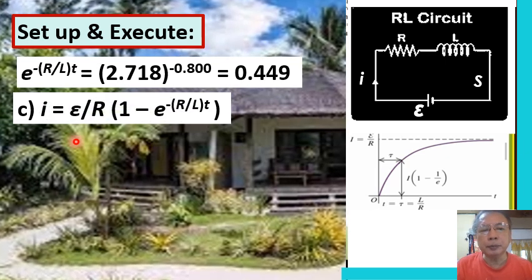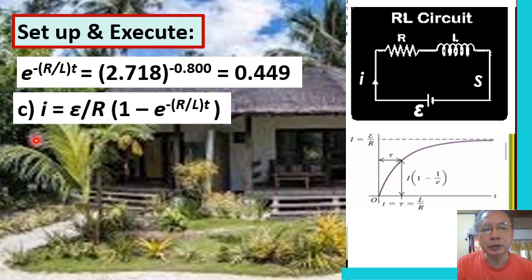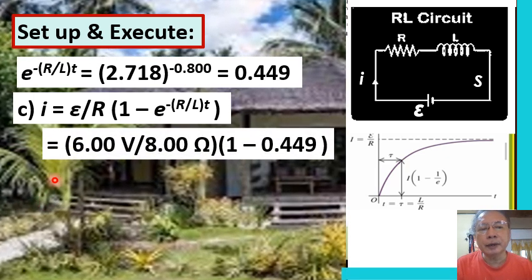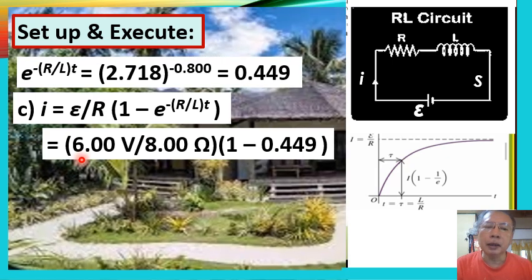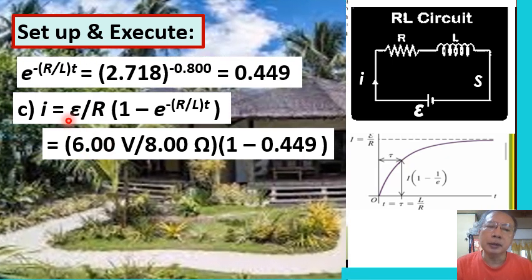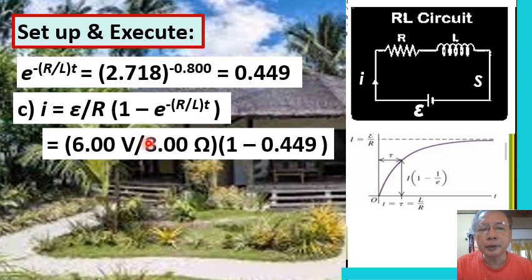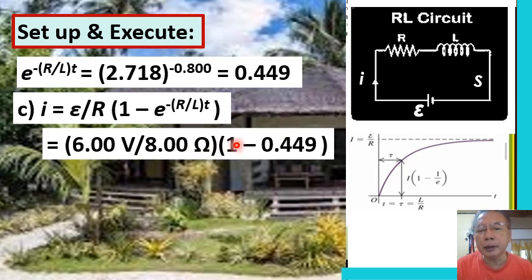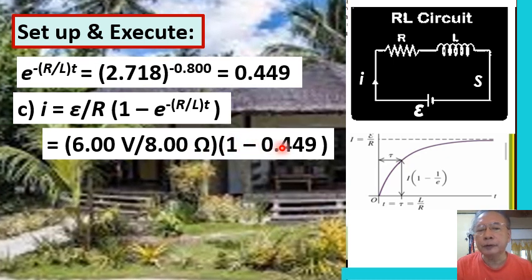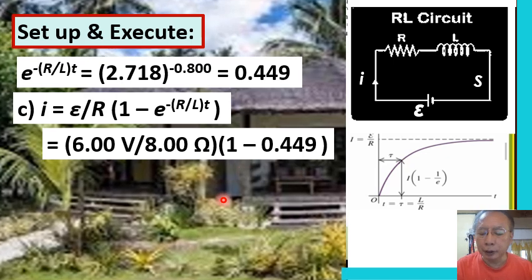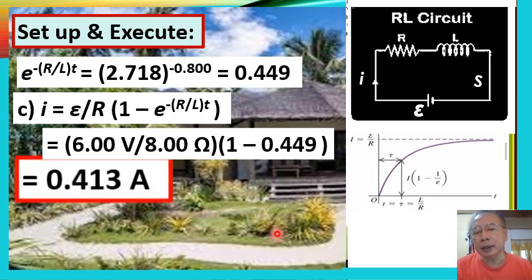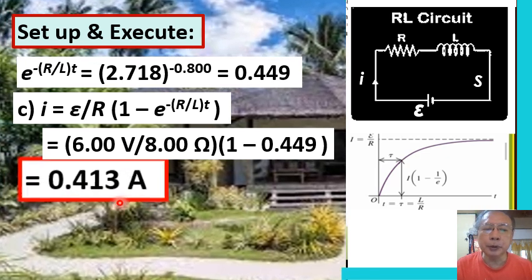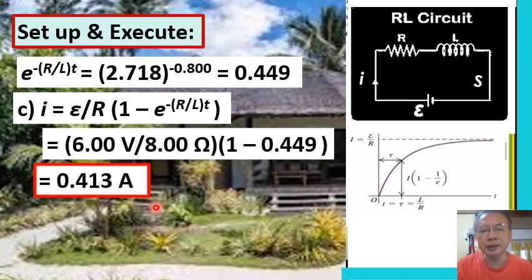So we can now proceed in determining the value of the current small i using this formula. That is, the current small i equals 6.00 volts, the value of EMF epsilon, divided by the big R, 8.00 ohms, and then multiplied by the quantity 1 minus 0.449. So when we do our math, we get the value of the current i equal to 0.413 amperes.